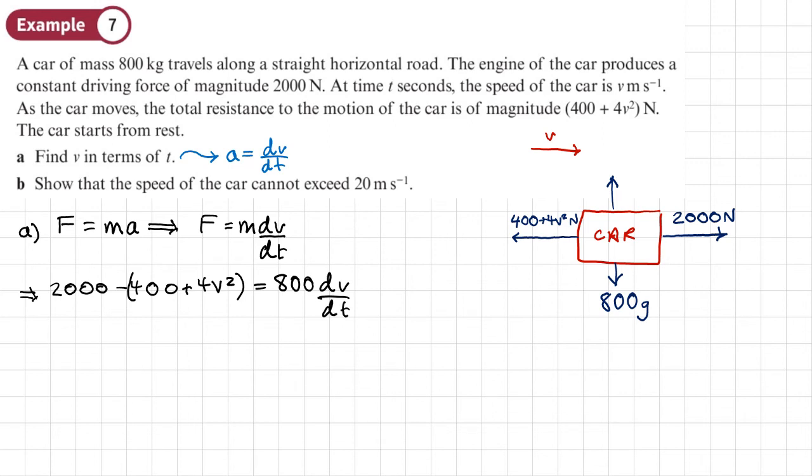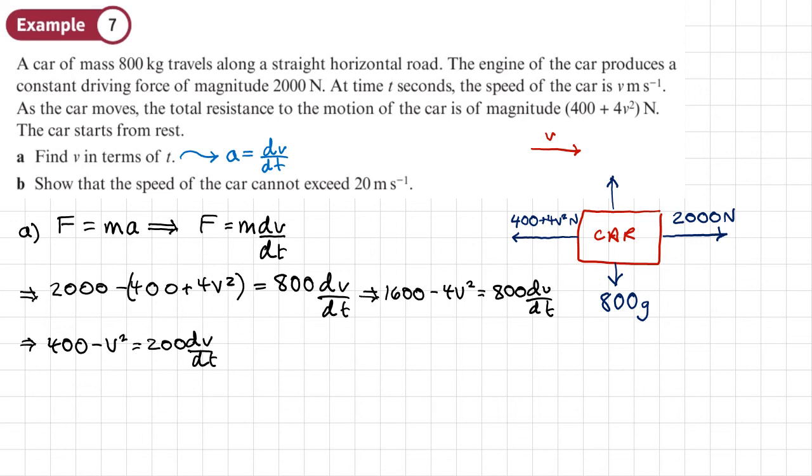So let's see if we can simplify this a bit. 2000 minus 400 is 1600, minus 4v squared, is equal to 800 dv/dt. Let's divide both sides by 4, make the numbers a little bit smaller. So we'll have 400 minus v squared is equal to 200 dv/dt.